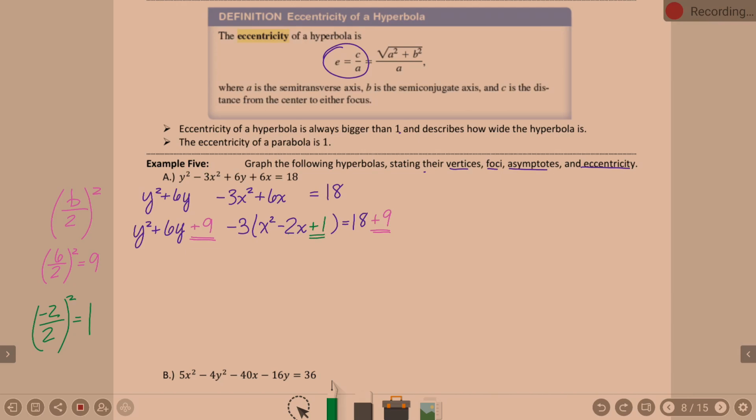If I add 1 on the left inside those parentheses, what do I do on the right? You add 1 times negative 3. Why am I adding 1 times negative 3? This 1 is multiplied by this negative 3 out here. So really we're subtracting 3, if you want to say that. I'm good with that too. Okay.